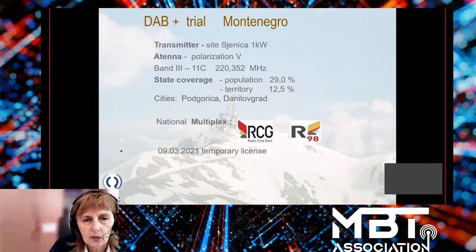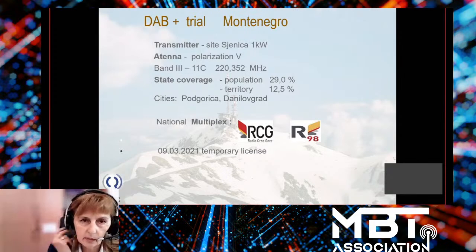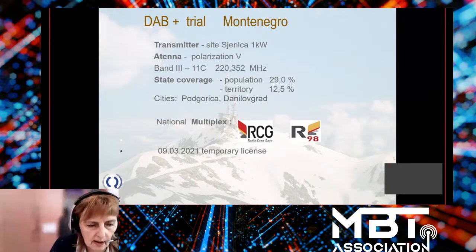For that reason, we are very satisfied with the coverage of the DAB plus signal because of this new antenna system, because we find that in some areas where FM was poor, we have good DAB reception.